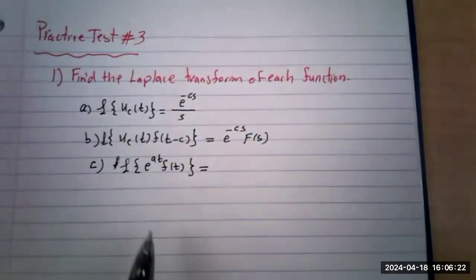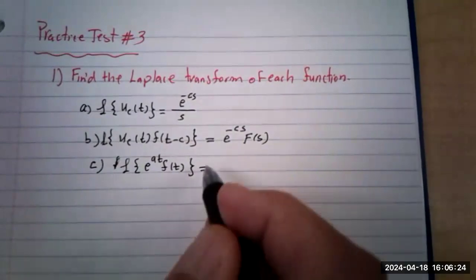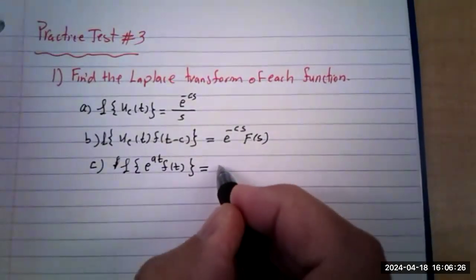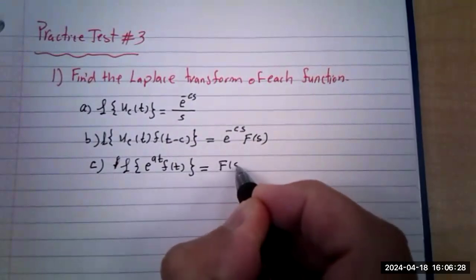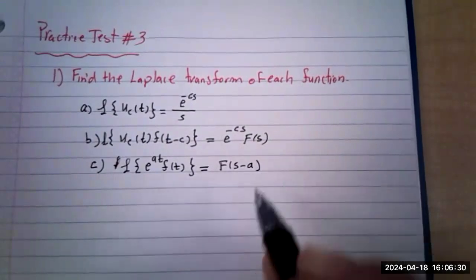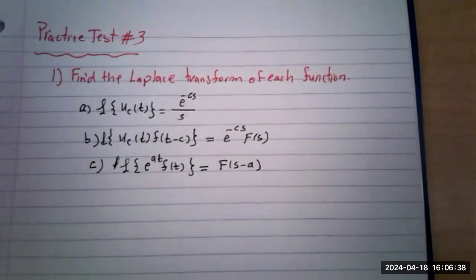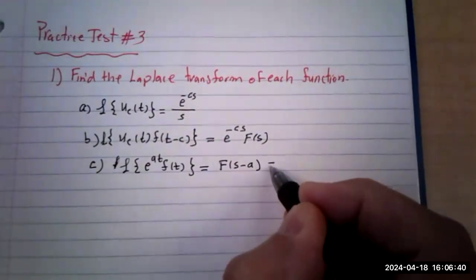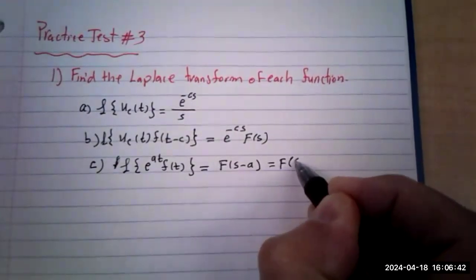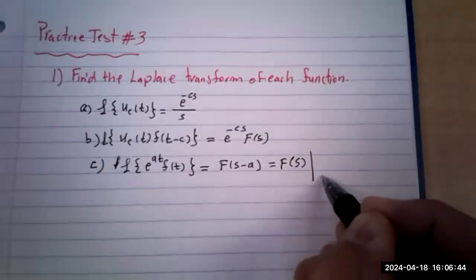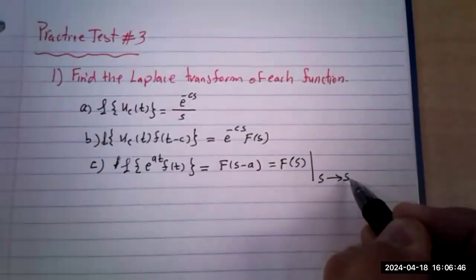You have this factor, so whatever you do, it's going to be F(s minus a). This means basically you find F(s), and you change the s into s minus a.